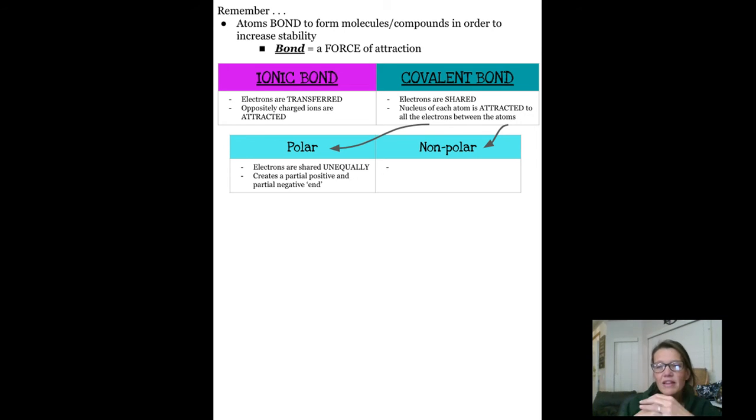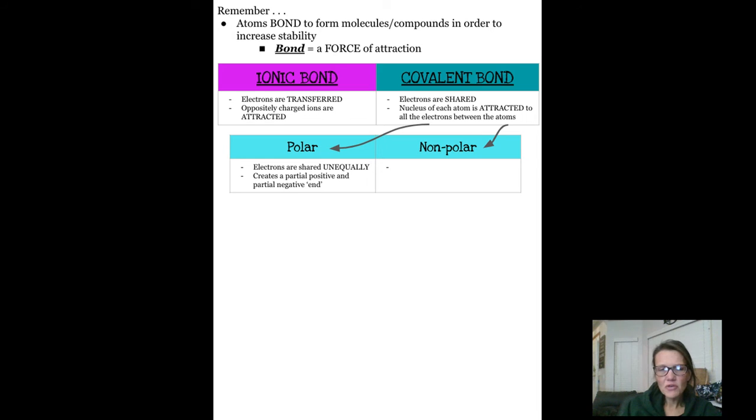In a polar covalent bond, the electrons are shared unequally, like I was talking about. And what that does is it creates poles, hence the name polar. And a pole exists because one side of the compound is partially positive and then the other side is partially negative.